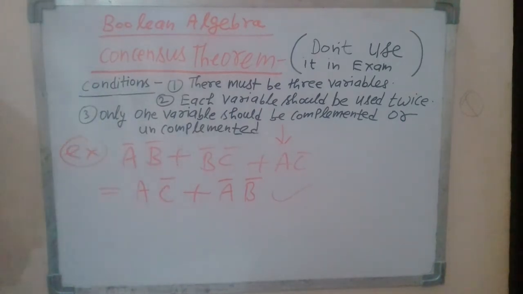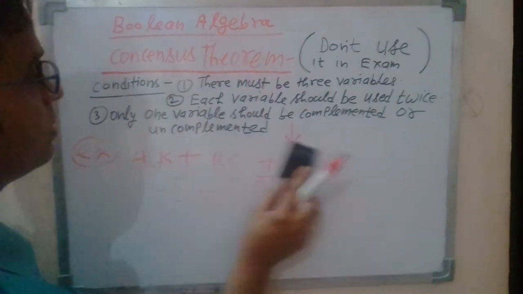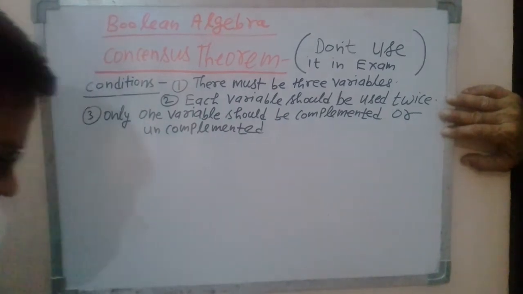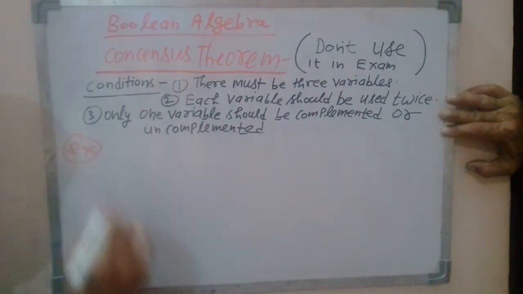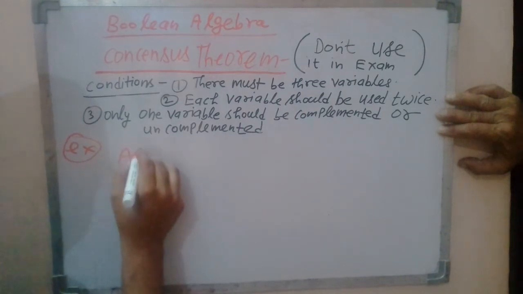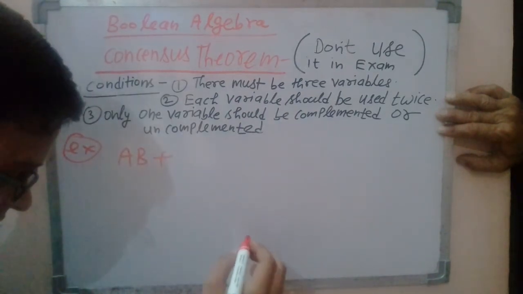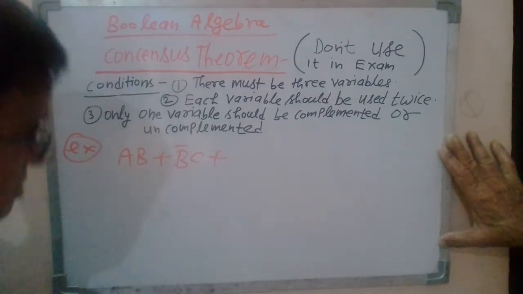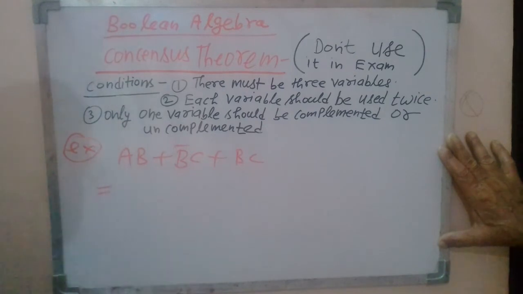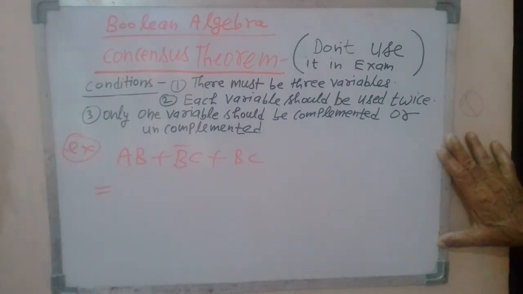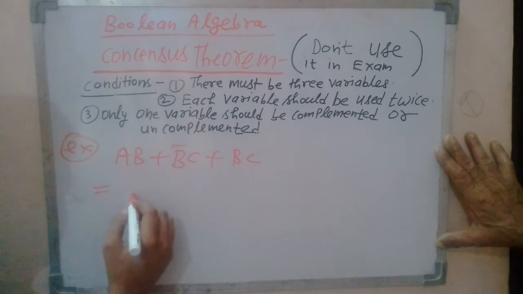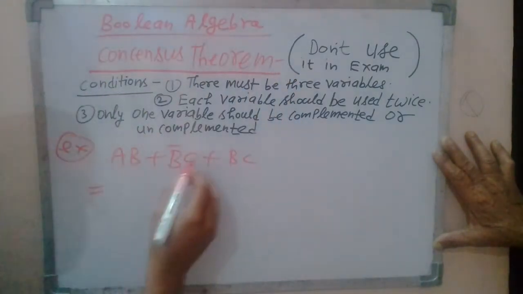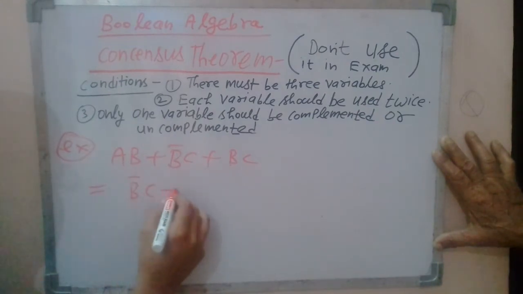So there are plenty of examples. Take another example here: AB plus B bar C plus BC. Now tell me what is the answer? Most of you are saying, sir, the answer will be B bar C plus BC.